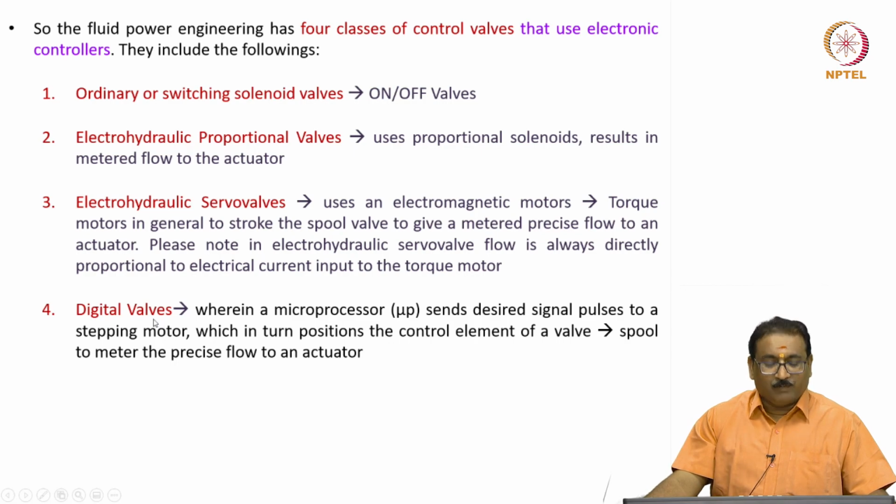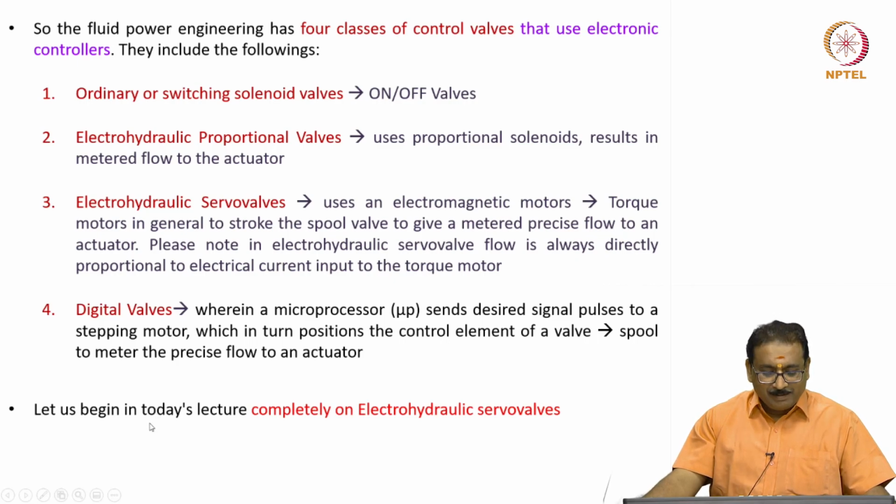Next category of valve is digital valves, wherein the microprocessor sends desired signal pulses to a stepping motor, which in turn positions the control element of a valve, meaning the spool, to meter the precise flow to an actuator.